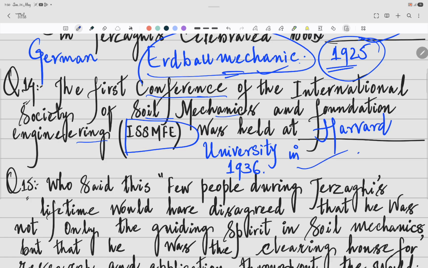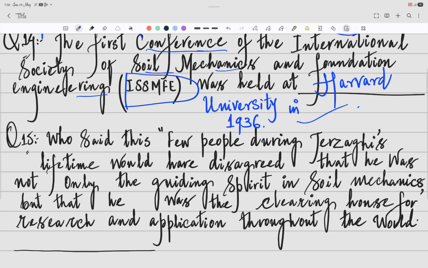All right, so the first conference of ISSMFE was held at Harvard University in 1936 with Dr. Carl von Terzaghi presiding. All right, next question.